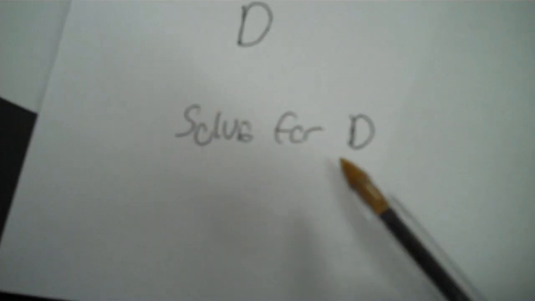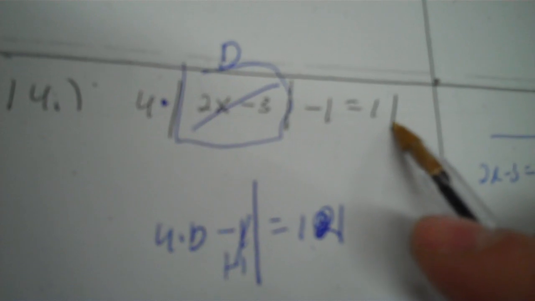Now, you have to actually solve for D now. You just add 1, divide by 4. Why am I putting a 12? It's 11, I'm sorry. That's not 12, it's 11. I screwed up. So 4 times D equals 12, divide by 4, D equals 3.